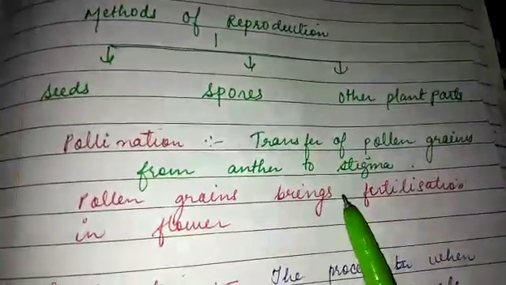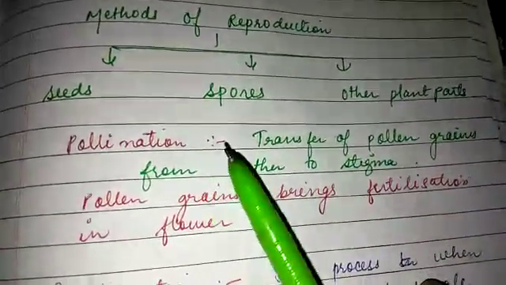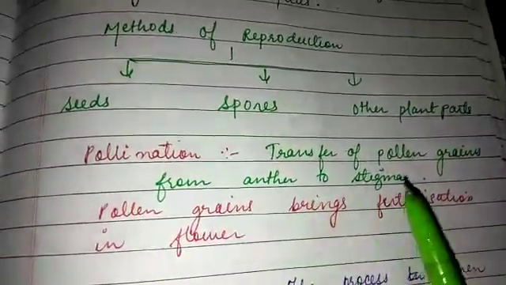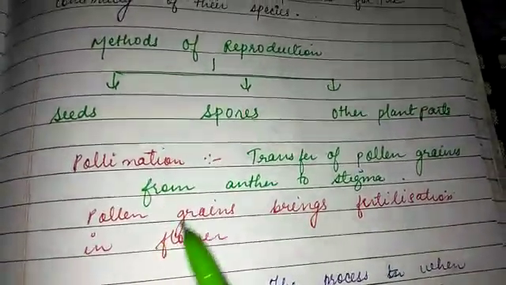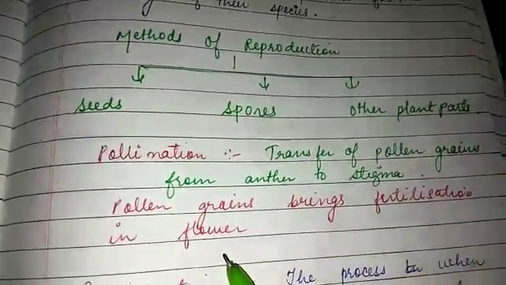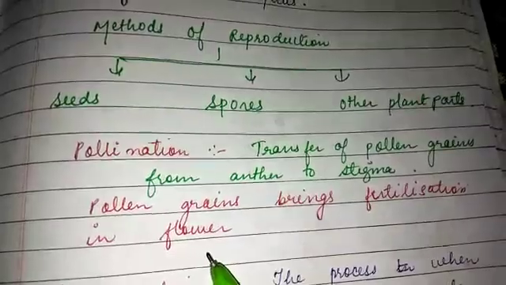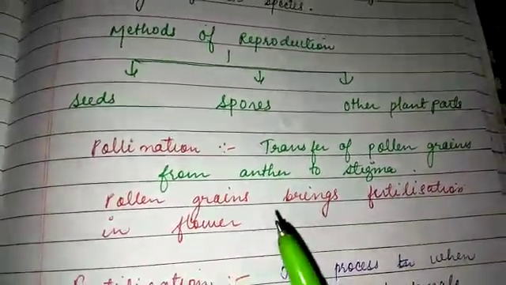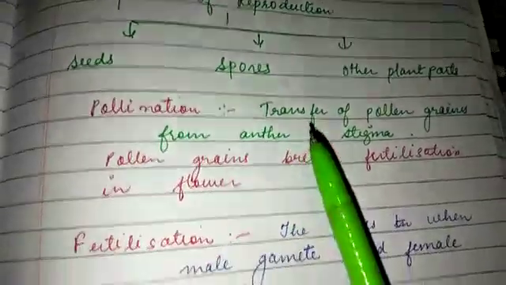Then come to pollination. Pollination is the transfer of pollen grains from anther to stigma, and these pollen grains bring about fertilization in the flower. So what is the reproductive part of a plant? It is the flower, which helps in fertilization.